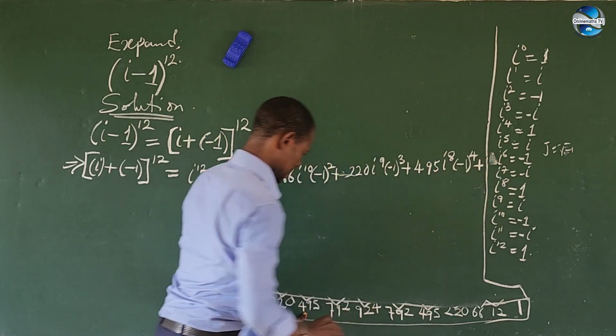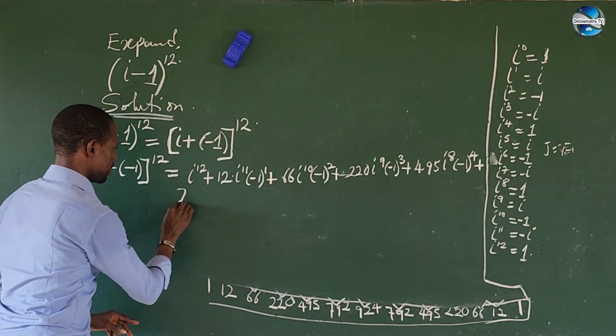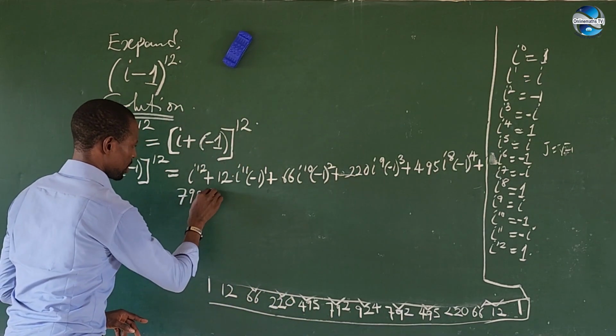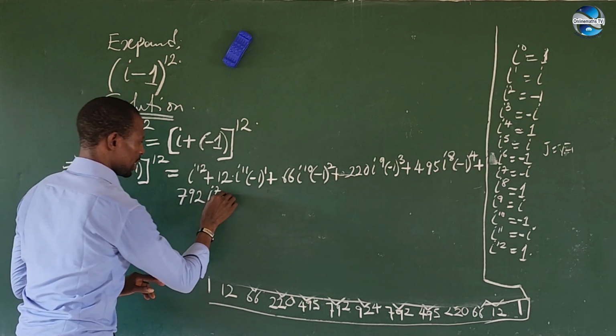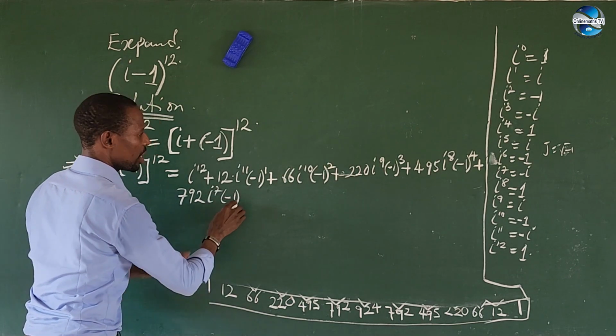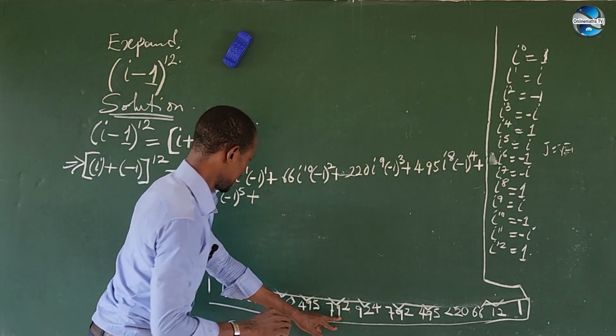Plus, what is the next coefficient? 792. So we have 792 into our iota, which this time will be to the power of 7, then bracket minus 1 to the power of 5.